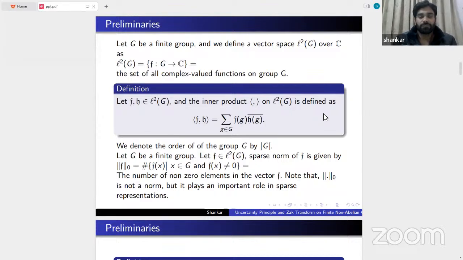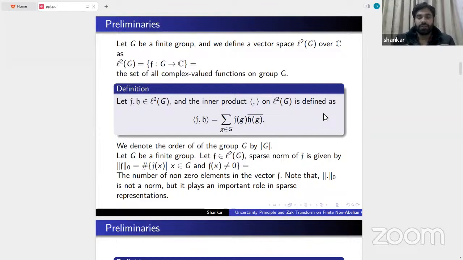In the space L square G, the inner product of two elements F and H is the summation of F of g into the conjugate of H of g, where the summation runs over elements g from the group G. We denote the order of group G by mod G.